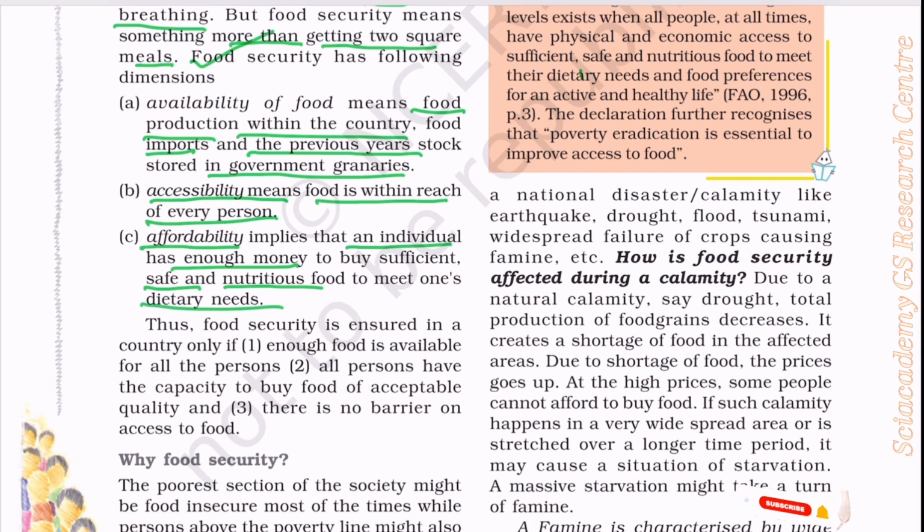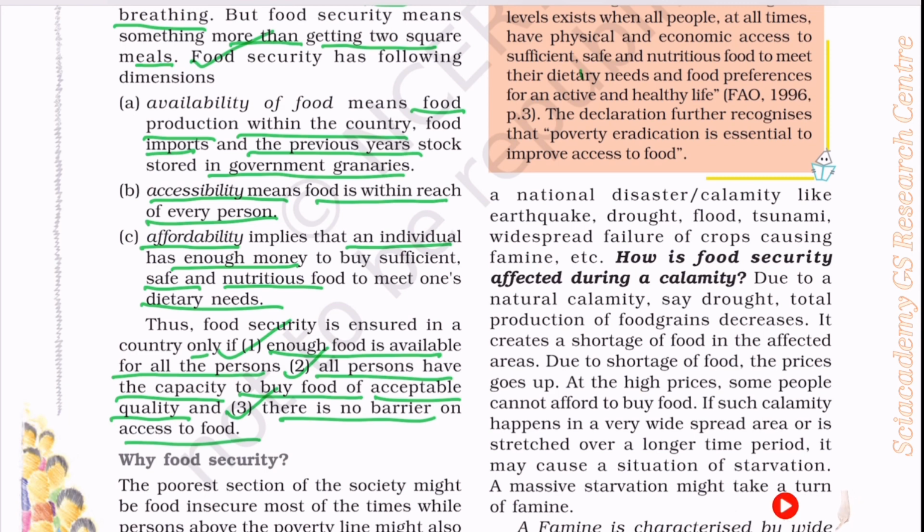Thus, food security is ensured in a country only if, one, enough food is available for all the persons; two, all persons have the capacity to buy food of acceptable quality; and three, there is no barrier on access to food.